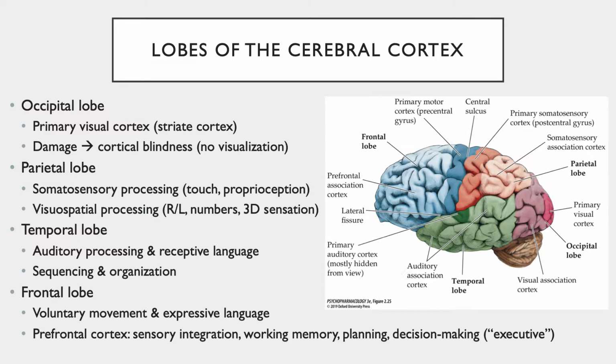As I mentioned on the last slide, each hemisphere of the brain is divided into 4 lobes. While the lobes often work together to produce various functions, it is important to note that each lobe has a primary cortex and an association cortex.